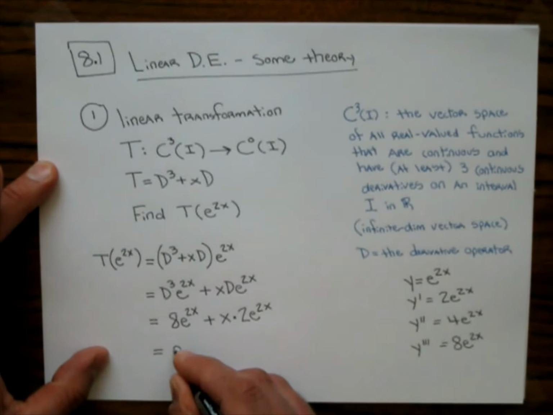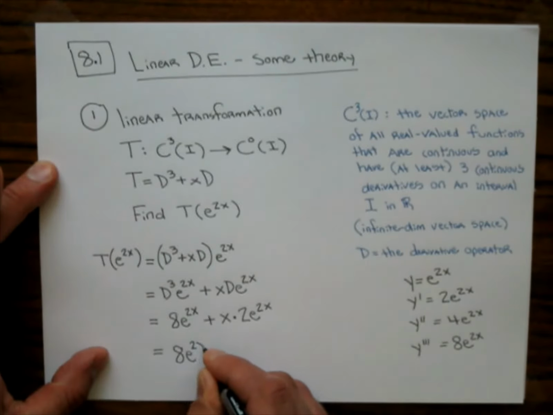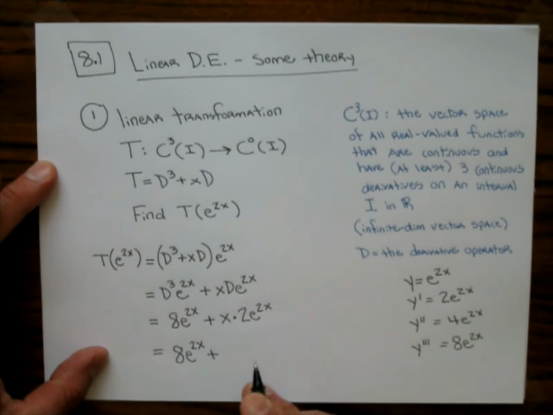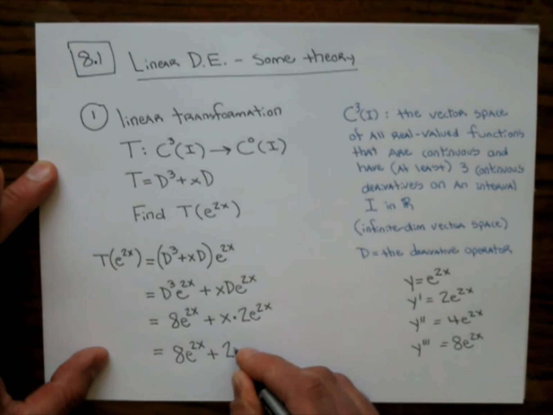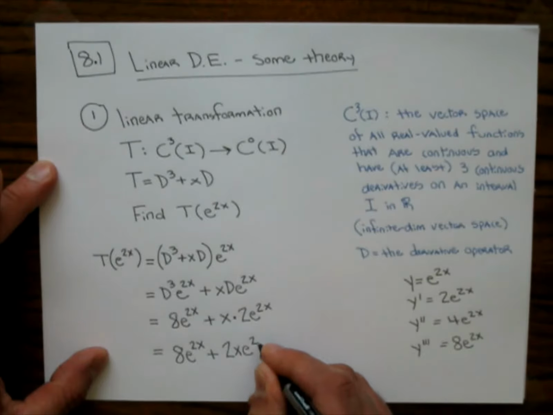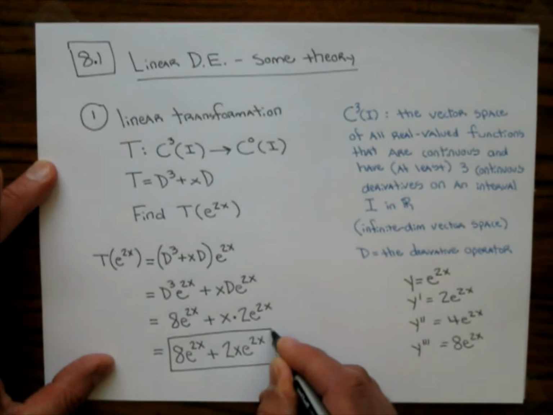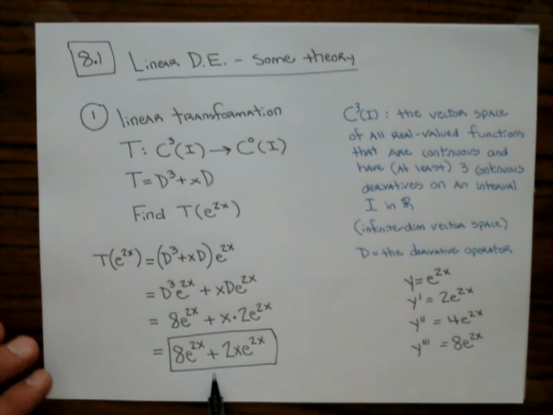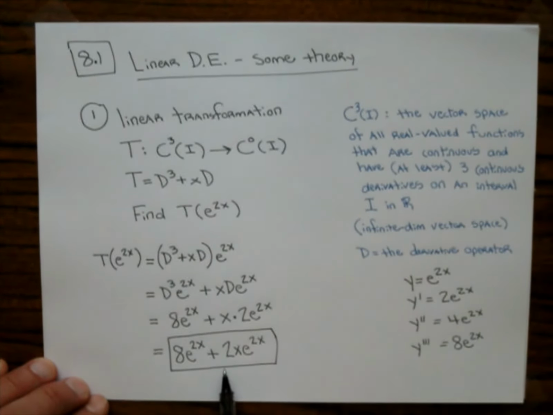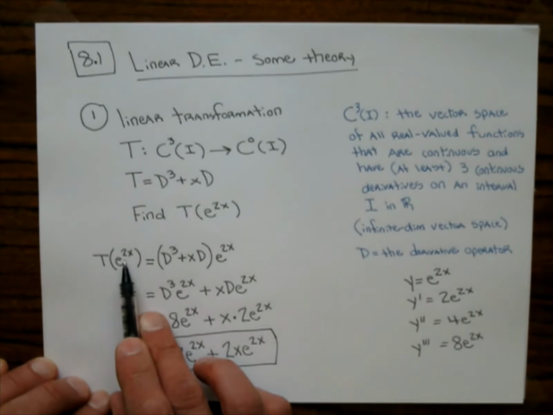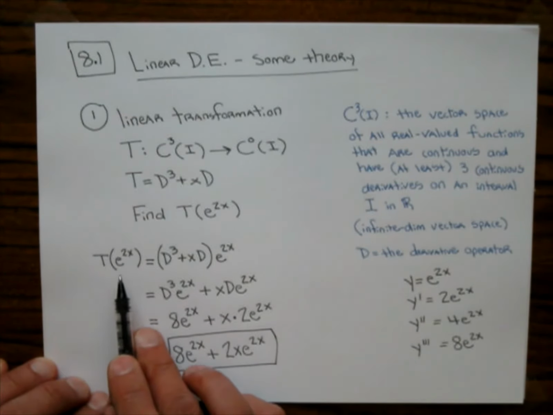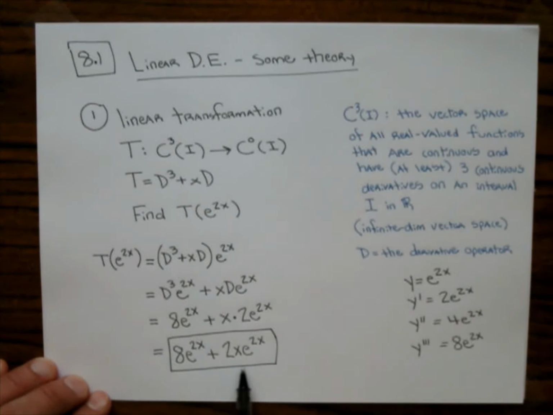I'll go 8e to the 2x, that guy we keep like it is, and I'm going to put the constant out front, which is something that we usually do in math, 2x e to the 2x. And so there is a function that we got when we put e to the 2x through the linear transformation. So we have e to the 2x, and this is the result.